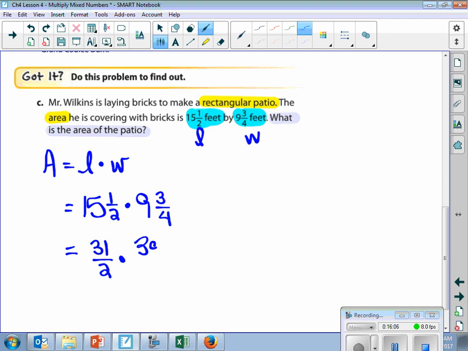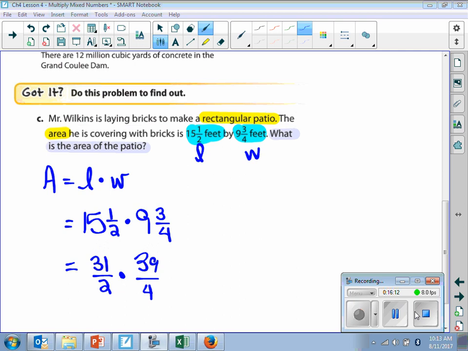So this is going to be 39/4. All right, so since we cannot simplify anything here, there's no GCFs in any of these numbers, we're going to just have to multiply straight across, okay?